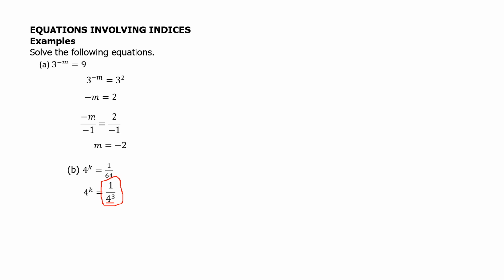This is what we are going to apply here. So the reciprocal of 1 all over 4 is going to be 4, but now our power is going to be a negative, which is that the 4 power k is equal to the 4 power negative 3. So from there, we just equate the power k to the power negative 3 to have our value of k as negative 3.